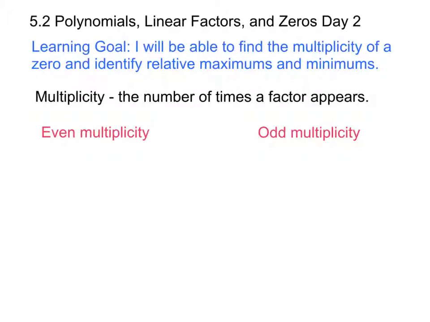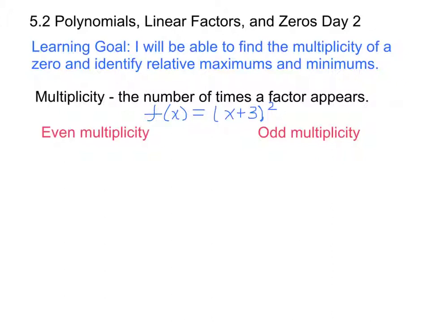For example, if you see something like this, that's supposed to be a 2, you would find out what the 0 is, and then the multiplicity would be 2, because that means it appears twice.